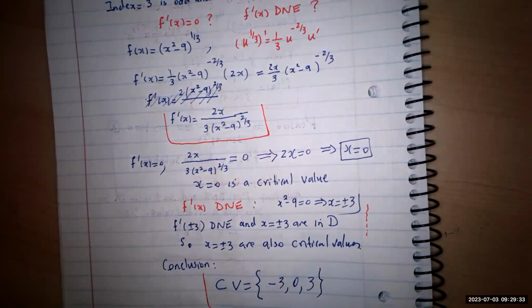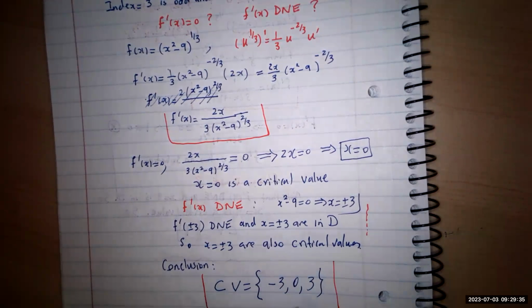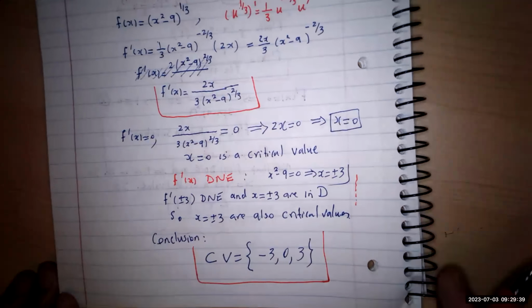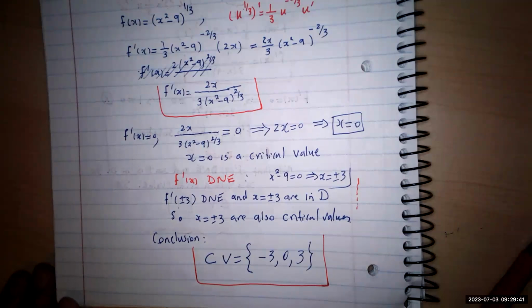And that would be very important for us. In future, you will see that at -3 and positive 3, we get the minimum value, and at x equal to 0, we get the maximum value of this function. So if you miss positive and negative 3, you miss the minimum of the function, okay? So that would be a very, very important problem for us. Any question? So only be careful about these radical functions, okay?